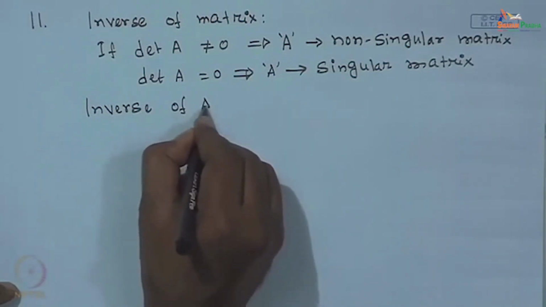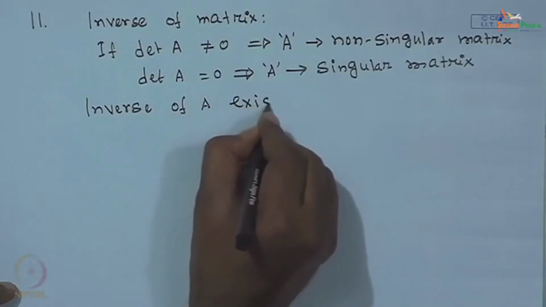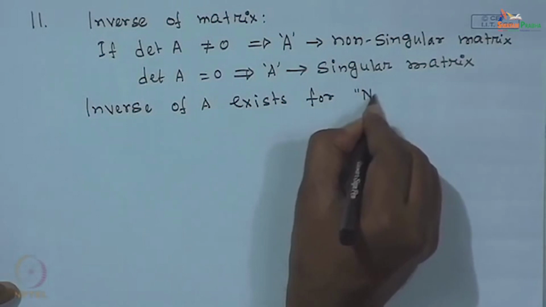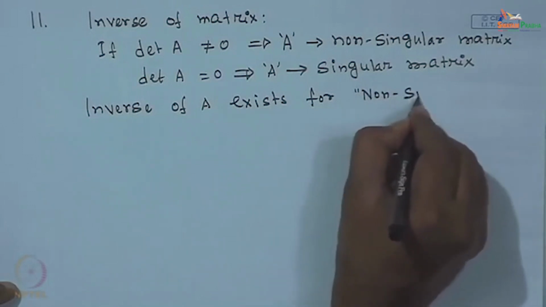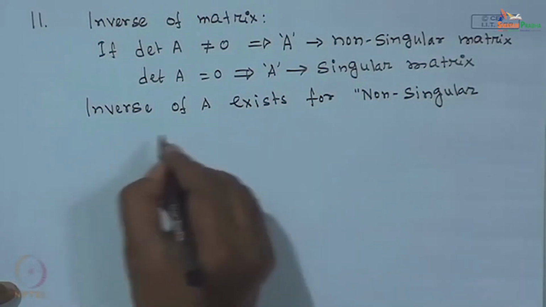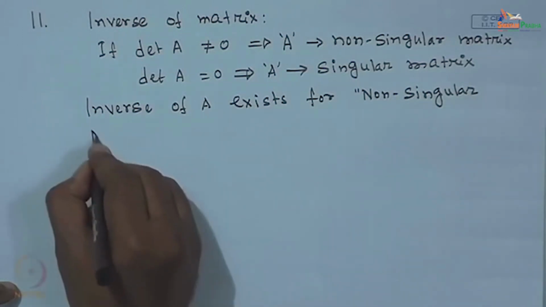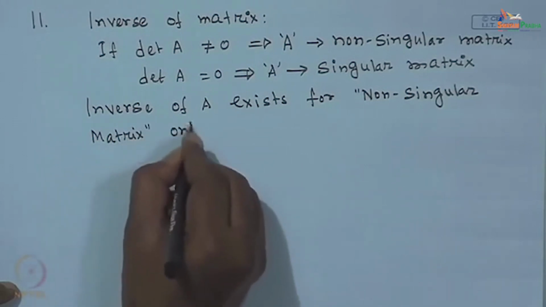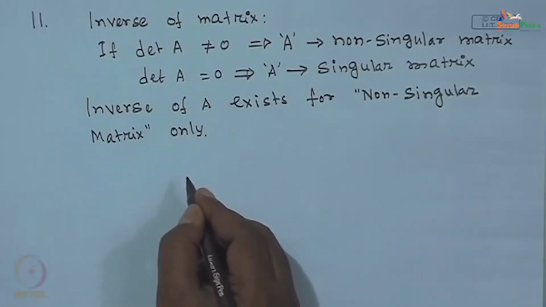Inverse of A exists for a non-singular matrix only. Okay.